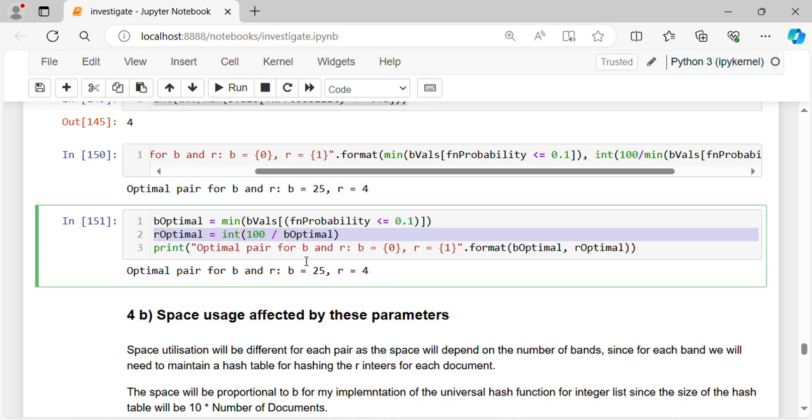So print optimal pair for B and R, B equal curly braces 0, R equal curly braces 1, dot format, B optimal will be put in place of 0 and R optimal will be put in place of 1. So the optimal pair for B and R is B equal 25 and R equal 4.